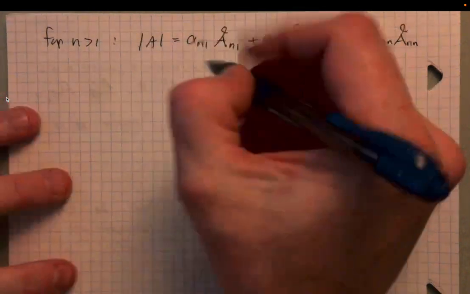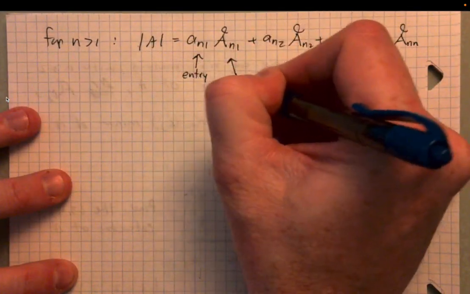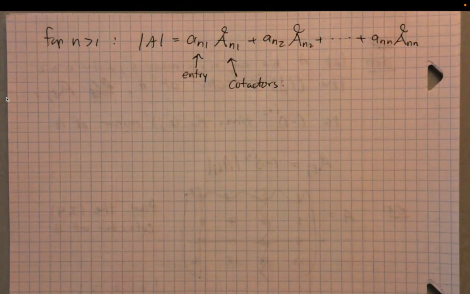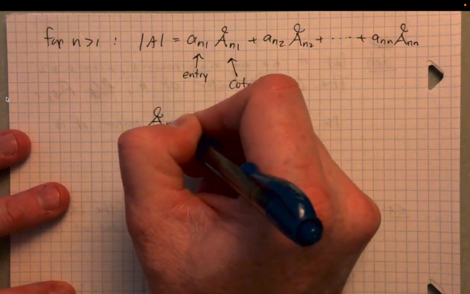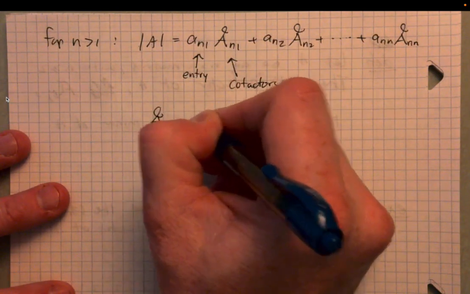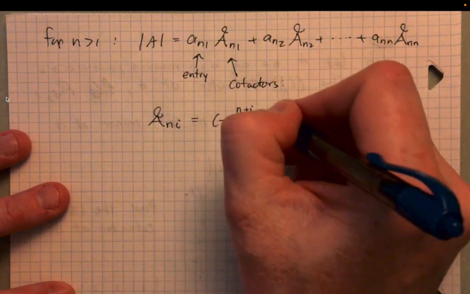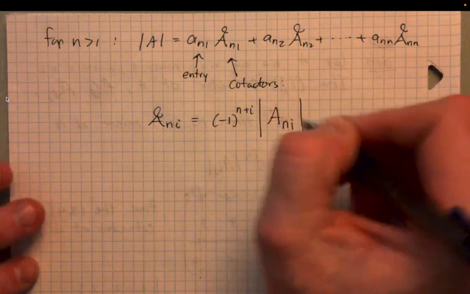Okay, and so these are entries, these are cofactors. And now recall, very important, A_ni is equal to -1 to the n plus i power times the determinant of the ni submatrix.